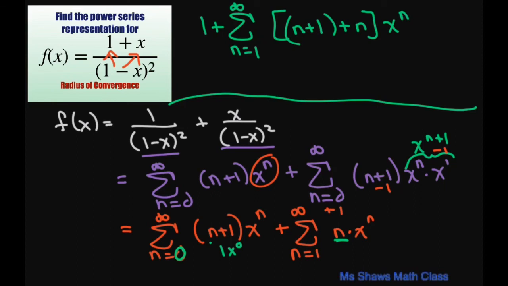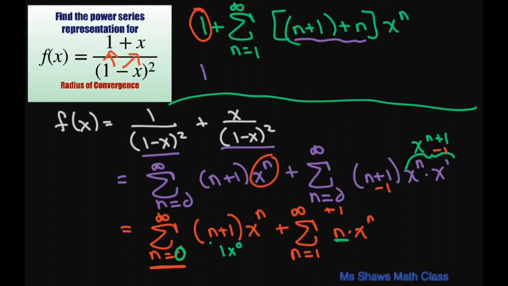Now, the reason I wanted to do that is I want to simplify this. So all I had to do was first change my starting point here, and I had to move this 1 out.